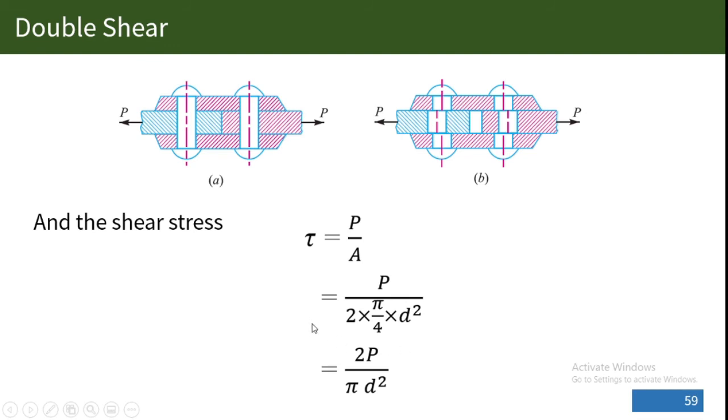Therefore, the equation for the shear stress for double shear is 2P over pi d squared. Okay, so do you see the difference between double shear and single shear? I think you have understood the concept of why it's single or double shear, and how we derive the equations for their corresponding shear stress.